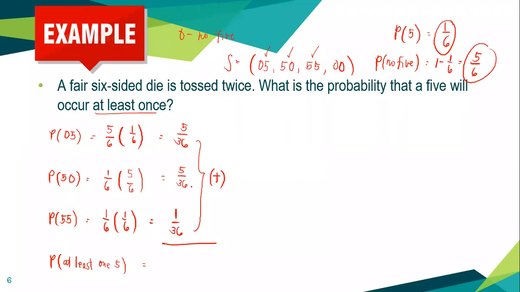Okay? After you multiply, you do addition naman. So, 5/36 plus 5/36 plus 1/36. So, you have 5 plus 5 is 10 plus 1 is 11. So you have 11/36. And that is your answer for this example.